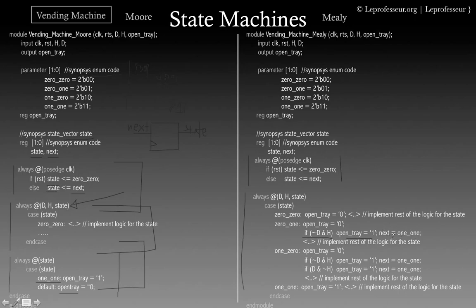So when the machine moves on to the next state, it will also output. That means that I'm going to one state and I'm outputting open tray 1. The same way you can fill in all other entries, or all other associated logic for other states. Okay, so that's the difference.